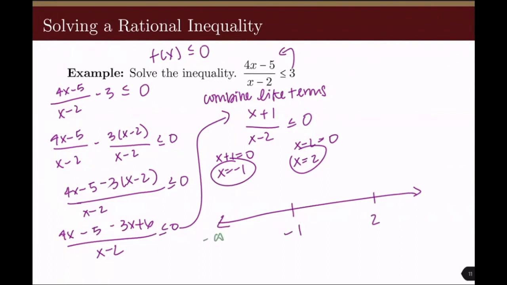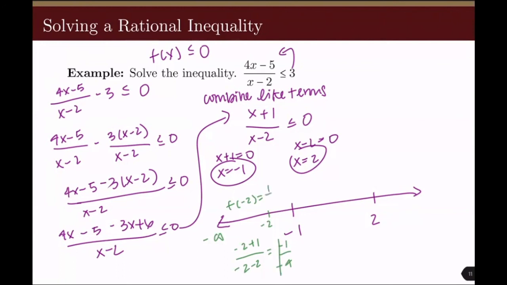All right, so for the interval negative infinity to negative 1, I'm going to choose negative 2. So that means we'll have f of negative 2 equals something. So I have negative 2 plus 1 over negative 2 minus 2, which is equal to negative 1 over negative 4, which is overall going to be positive.